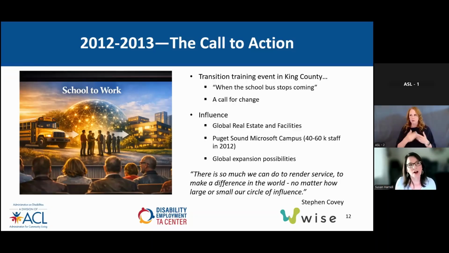And this caused him to think a lot about his own impact, because he not only was looking at the Microsoft campus in Puget Sound, where there were 40 to 60,000 staff in 2012, but he also had this potential to influence much more broadly and have global impact.